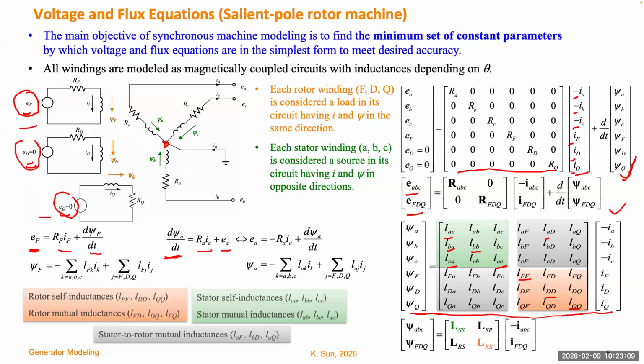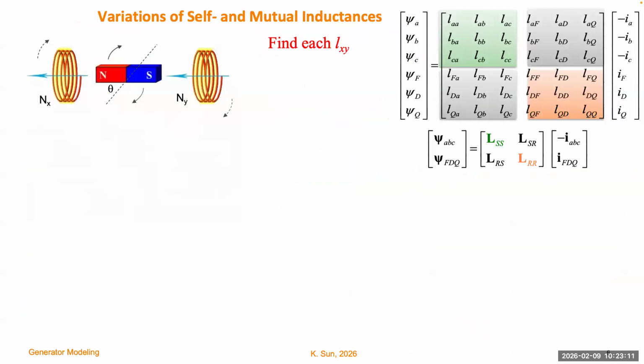Okay, so later we use this analogy to identify any inductance in the matrix which involves 2 windings. For instance, if we use LAB as one example, that will involve one winding A and the other winding B. And this magnet represents the rotor revolving between the 2 windings.